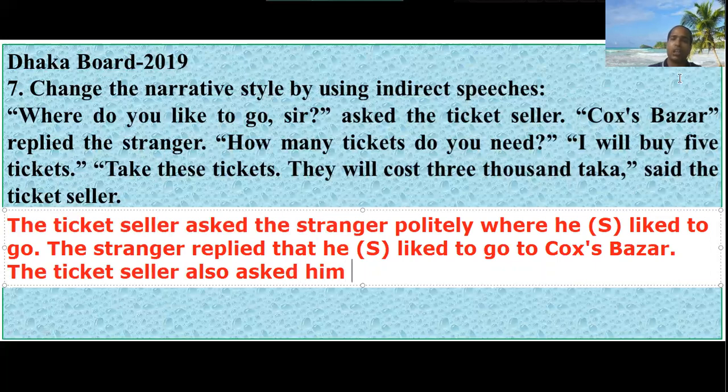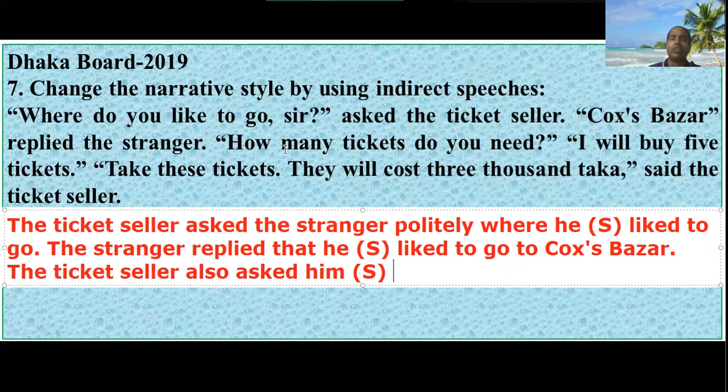Dear students, if you find second person, you should use object. So I have used object as him. So you have to set s, because s means stranger. So the students, this sentence is an interrogative sentence, and this sentence begins with a WH word, how.